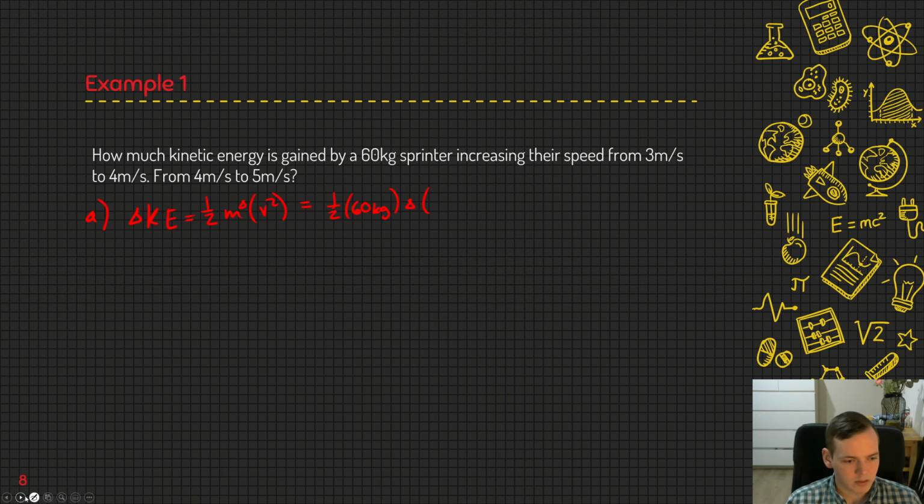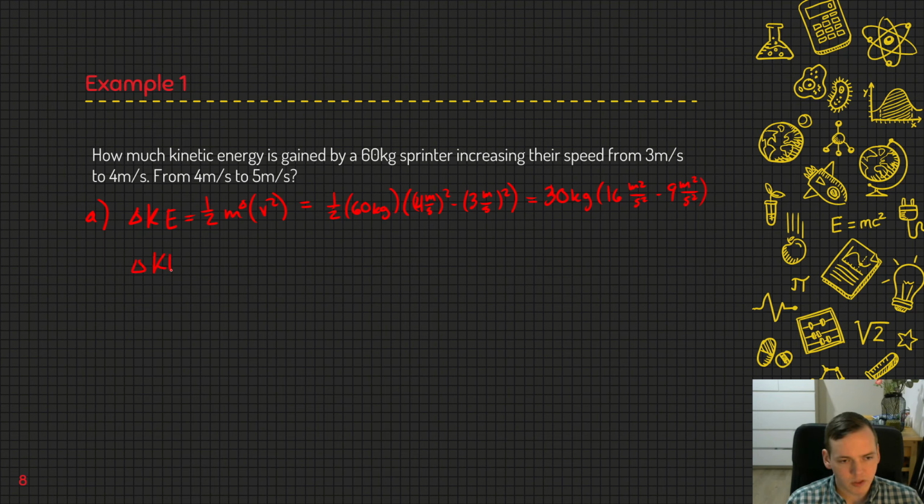That means final squared is 4 meters per second squared minus initial squared of 3 meters per second squared. And that will give us 1/2 of 60, so 30 kilograms times 16 meters squared per second squared minus 9 meters squared per second squared.